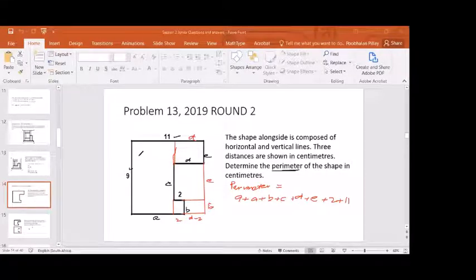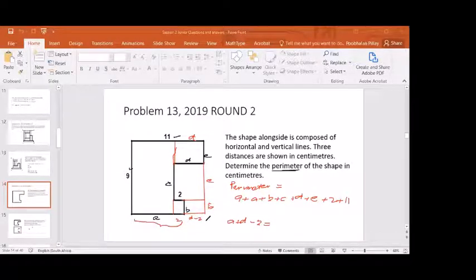But now watch. We do know that, for instance, A plus D minus 2, A is the whole thing.